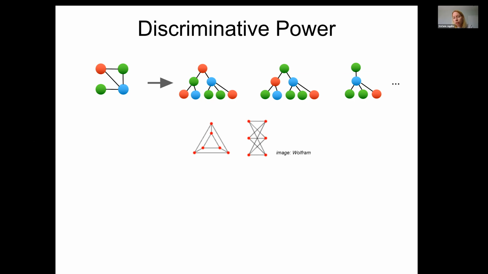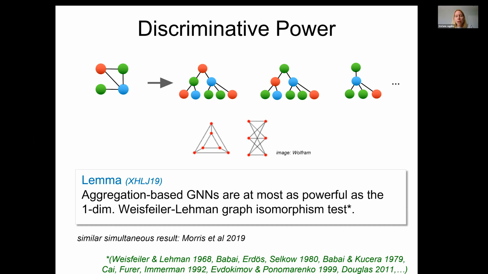So there are limitations, and you can formalize these limitations. In a paper published at ICLR 2019, we did this. The result is that these message passing GNNs can, at best, distinguish two graphs if a popular graph isomorphism test can do that as well.